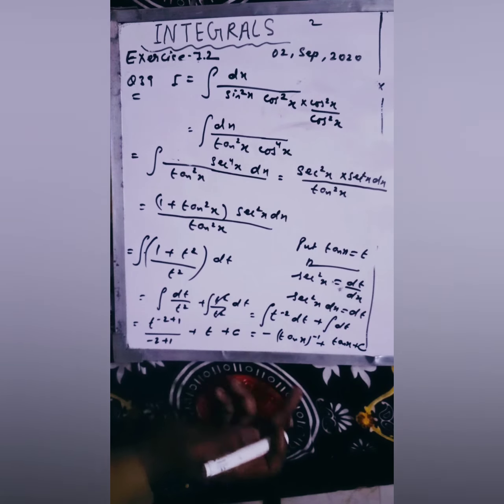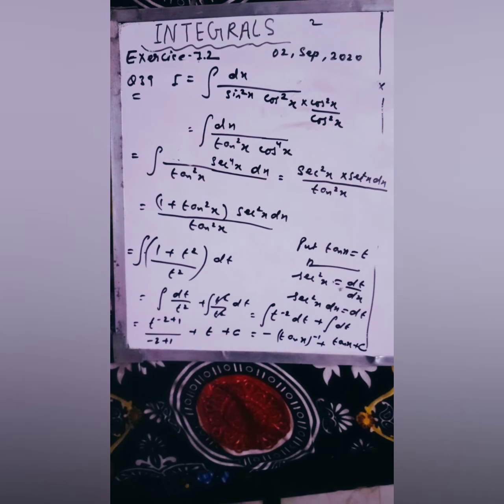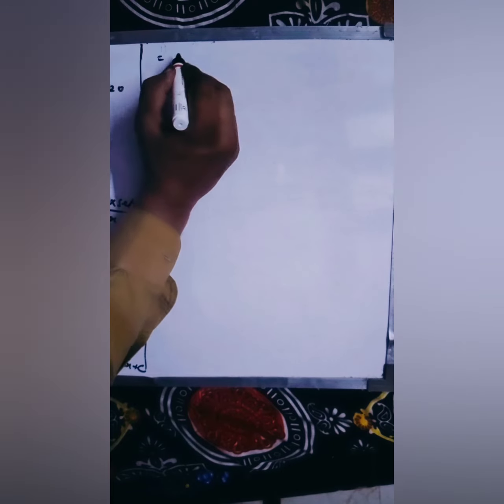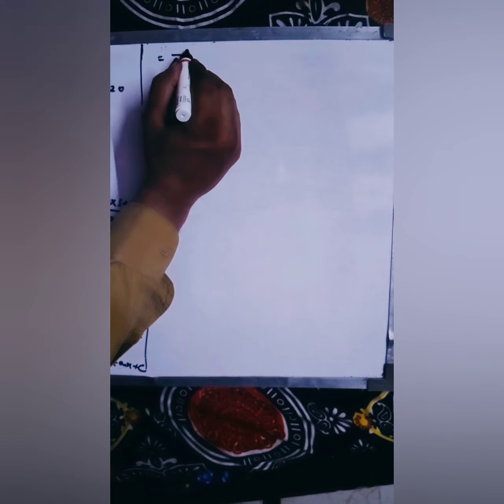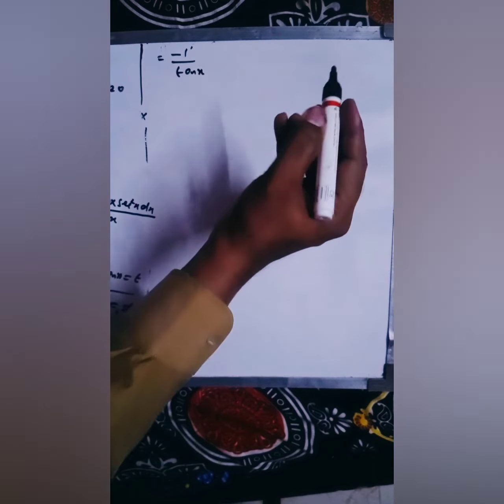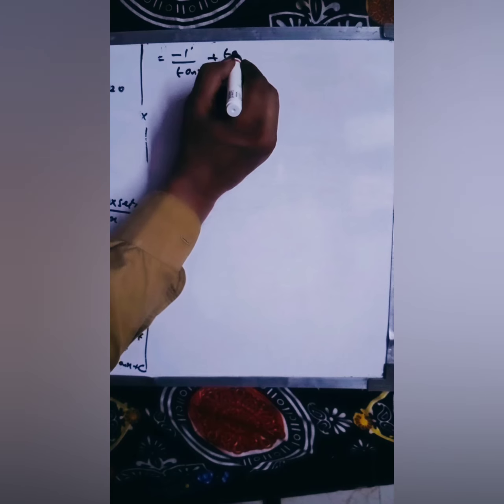Okay, so now when you solve it in the next step, it would be 1 upon tan x. So I'm solving it on the next page, just wait. This minus would be minus 1 upon tan x plus tan x plus c.